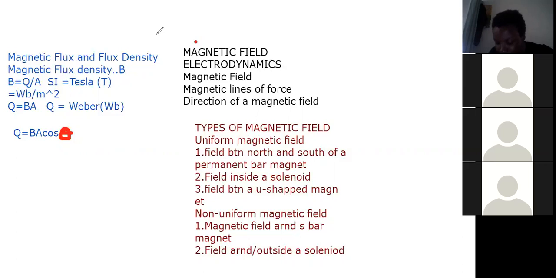Calculate the magnetic flux through a square coil of size 10 cm set with its plane at 60 degrees to a field of flux density 1600 T. So let's do it.